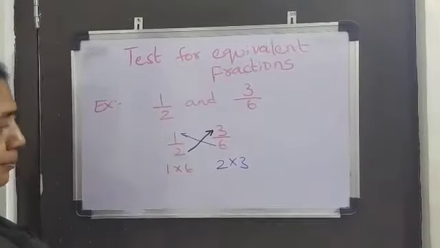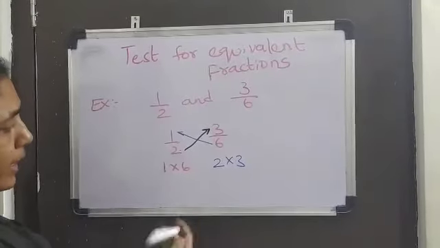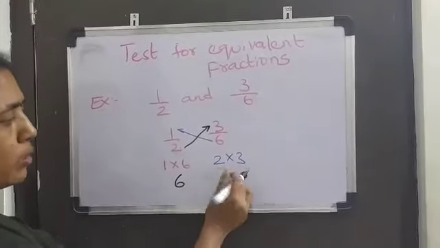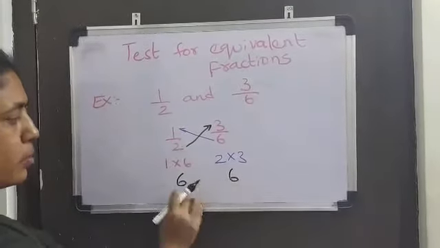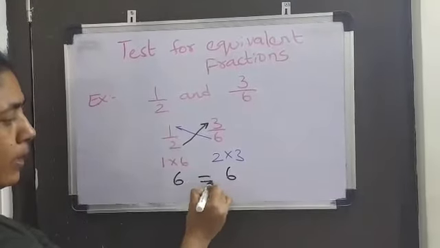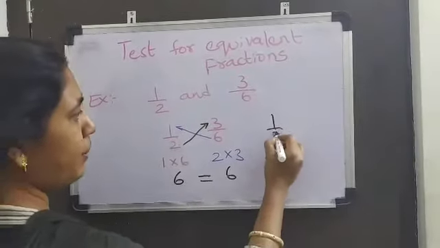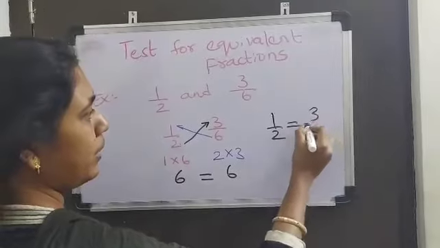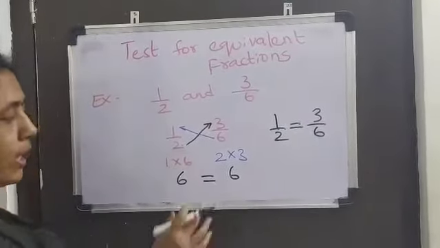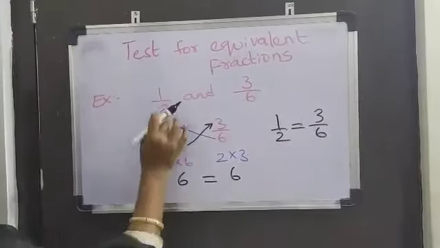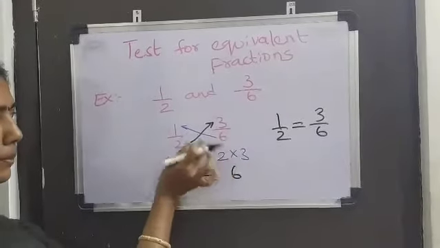Okay. Now what is 1 into 6? We'll get 6. And what is 2 into 3? We'll get 6. So both answers are equal. So we can say that 1 by 2 is equal to 3 by 6. Okay, understood? I'm just telling once again. Write both fractions like this. Leave some gap.